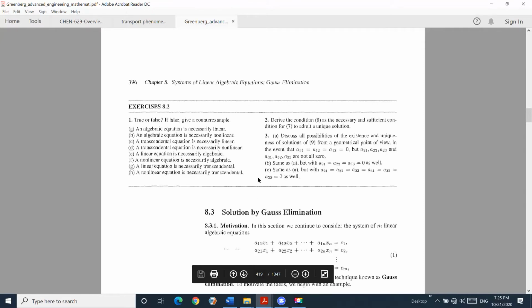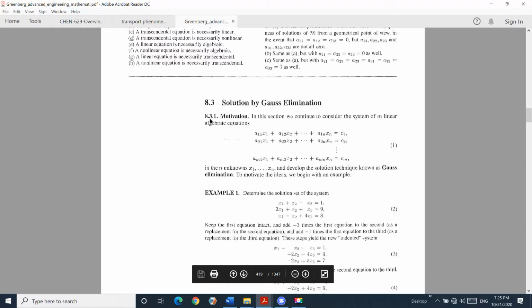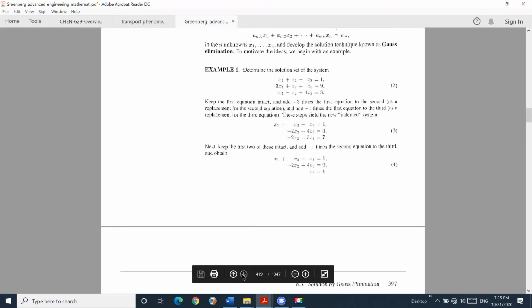Basically after this part, chapter 8 gives you some linear algebra chapters. When we go over chapter 8, for example in section 8.3, it gives you solution by Gauss elimination methods.